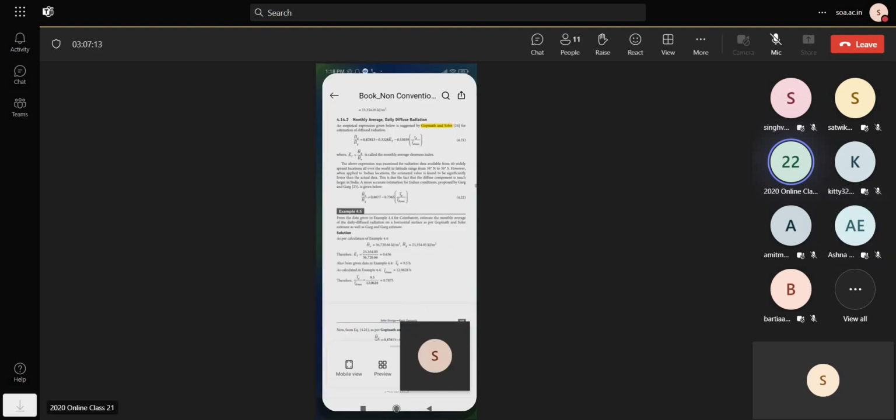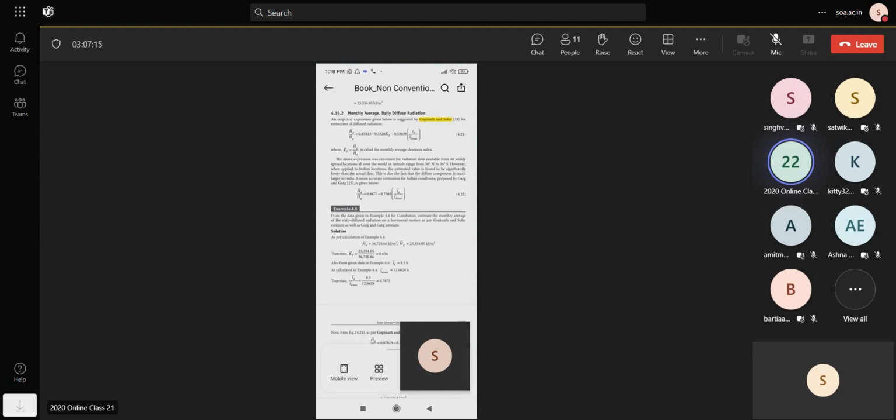So the Hg bar value and H0 bar value are with you. So please use those values and calculate KT bar, which is Hg bar by H0 bar. You have the Hg bar value, H0 bar value, TD max value, TD value. Then calculate the HD bar value from the Gopinathan and solar formula.